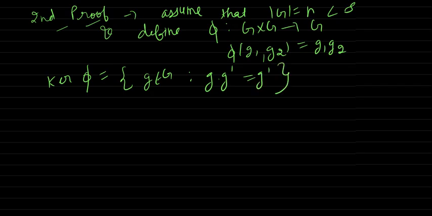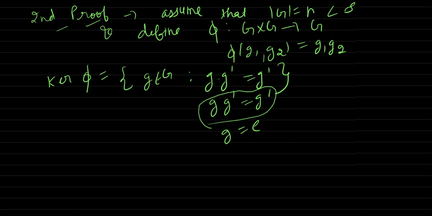But what is g dot g'? It is nothing but just the product in the group. If we look carefully at this, what does this mean? This means that g has to be the identity element e of G. Why?